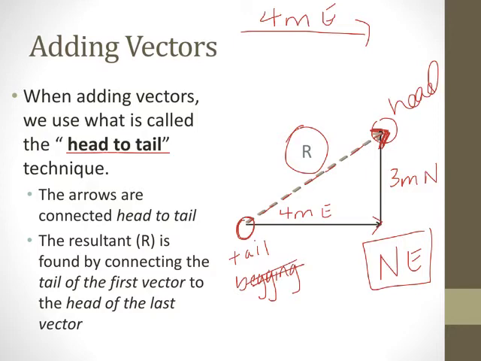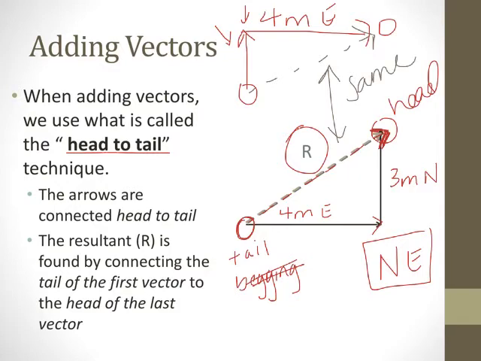Hopefully you are saying the tail end or the left side, because if I put it right here, that's still head to tail. There's a head and a tail being touched together. Then if I draw my resultant again from the open tail to the open head, it's in the same direction, and it would be the same length as the other one. So as long as you set it up head to tail, your resultant line will always be the same. It doesn't matter which one you draw first.